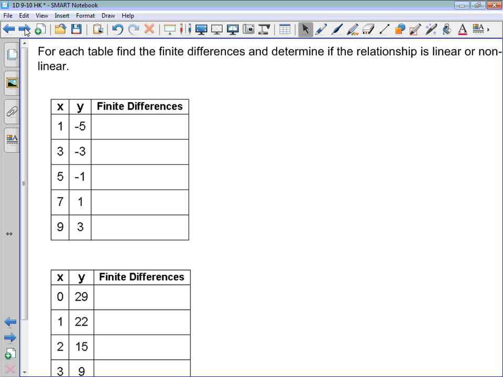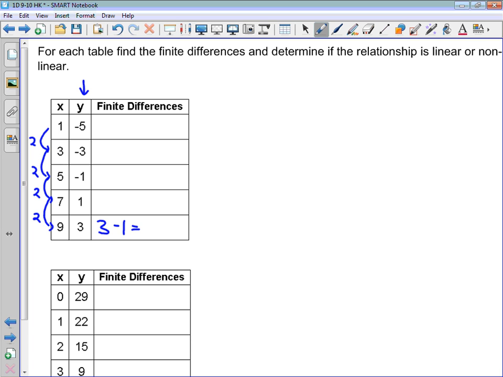So let's do our first table here. First thing we should check is to see whether x in fact goes up by the same amount each time. So I look at this, yes, x is going up by 2, 2, 2, 2. So our finite differences are going to work here. So now we calculate our finite differences. Again, we're looking at the y values. We start down here at the bottom, and we subtract the one above it.